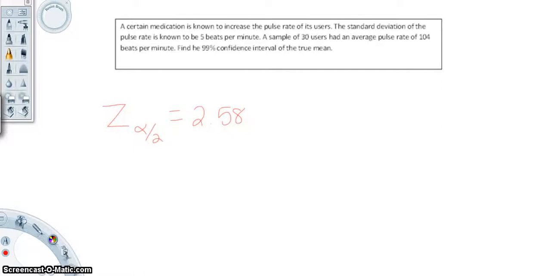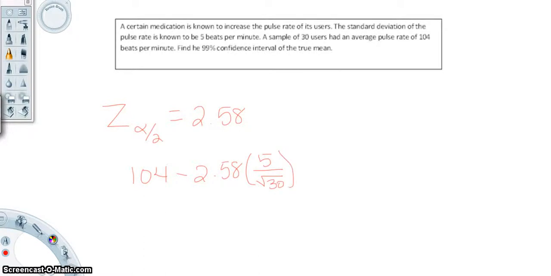We have x bar, which is our sample mean, which was 104, minus 2.58 times our standard deviation of the population, which was 5 beats per minute, divided by the square root of our sample size, which is 30 in this case.